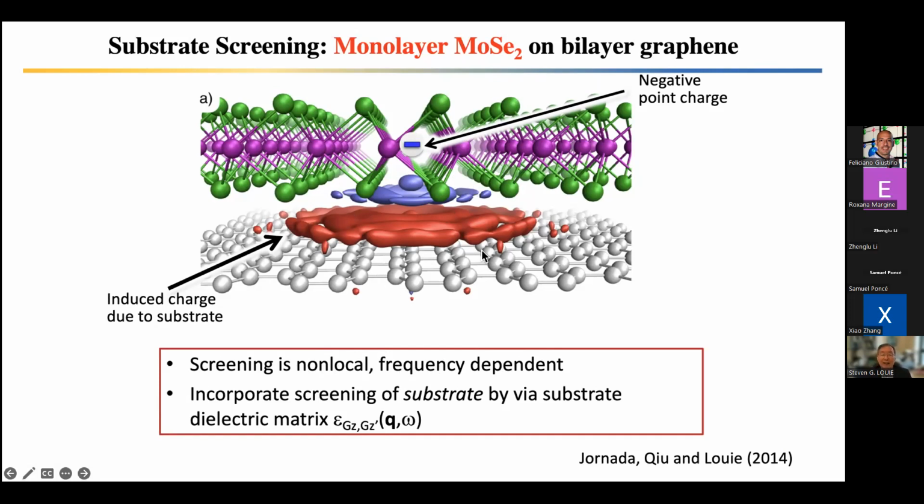And one really has to incorporate this kind of screening if we were to look at the optical property or the quasi-particle property of a 2D semiconductor.